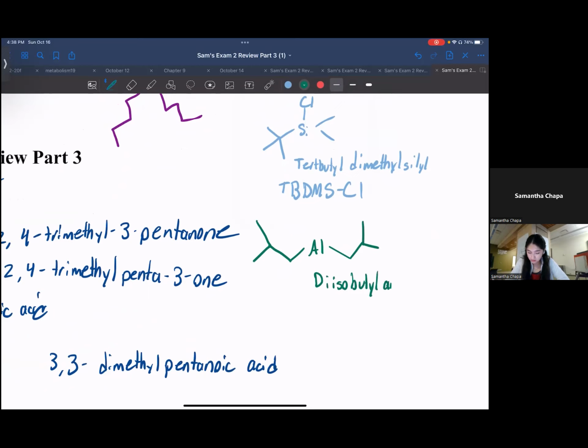Diisobutyl. So di meaning two, and you have two isobutyl groups. Diisobutyl aluminum hydride. I'm missing something.